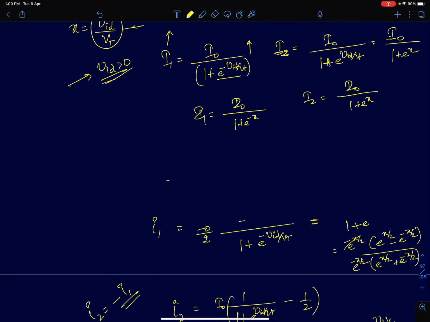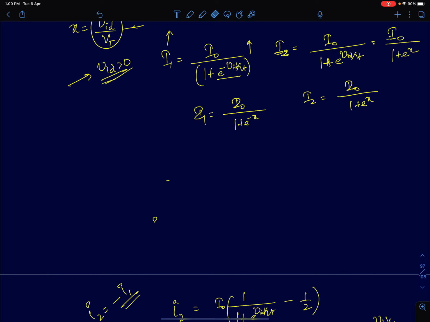Now what we will do here is we'll try to derive expressions for the small signal currents I1 and I2. Now we just said I1, if you subtract the DC content out, so I0 by 2, you get the signal current, not the small signal. This is a large signal analysis. So I'm going to call I1 as the signal current, which will be I1 minus I0 by 2.